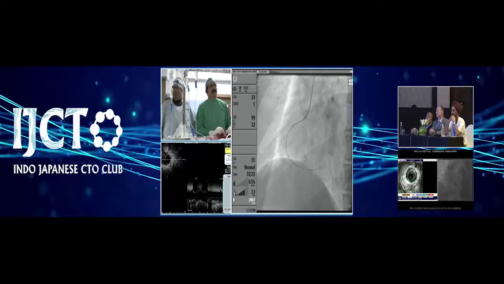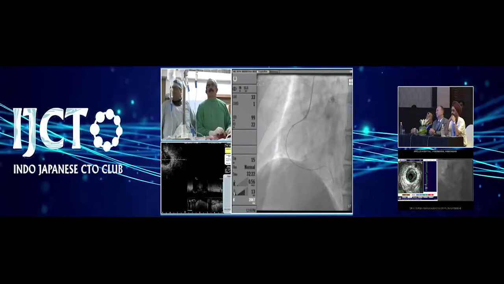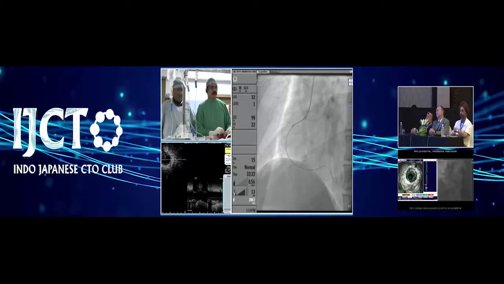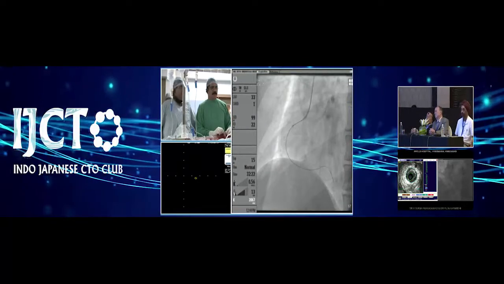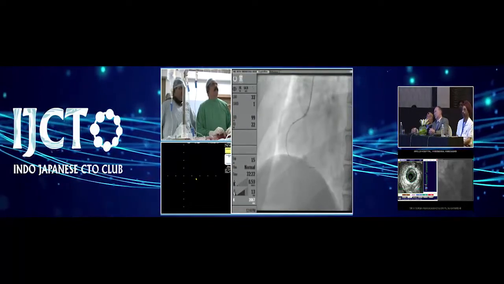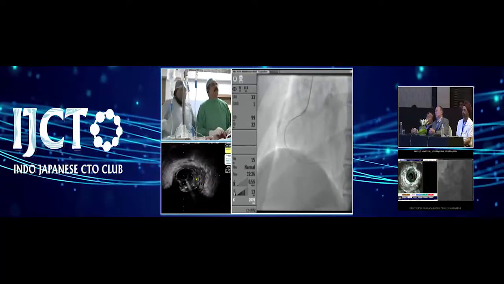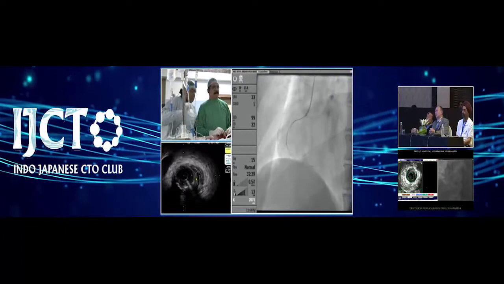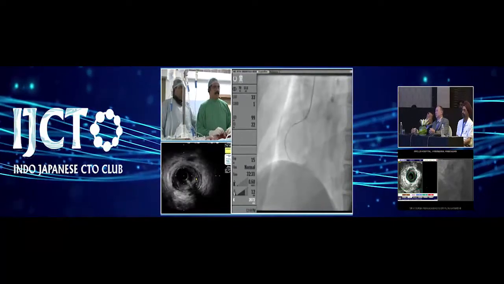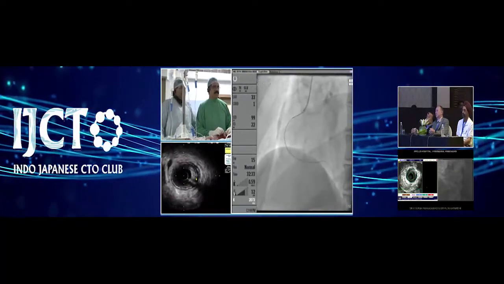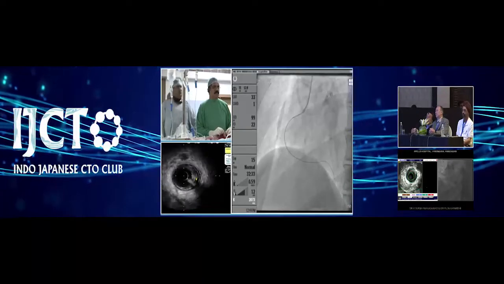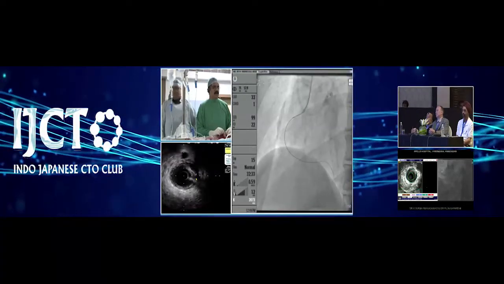Can we go to my desktop? Now you can see the flow.